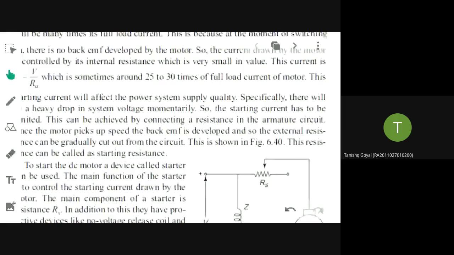What will happen to the motor if it is allowed to circulate that much high current? General knowledge question.